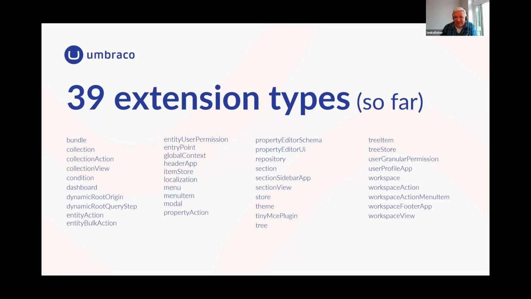You have to squint if you want to read them all, but there's currently 39 extension types, and these are going to be things that are very obvious, like a dashboard or a property editor. But then we'd also be covering other things, like you'd be able to add in new sections, or we've got collections or workspaces.